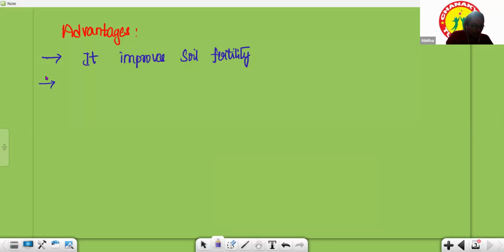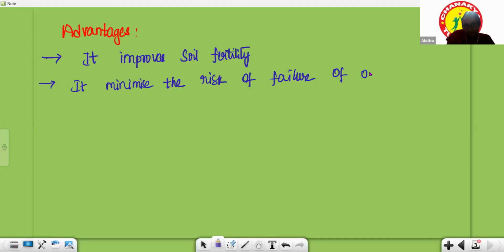Next, it minimizes the risk of failure of one of the crops. As it is increasing soil fertility, obviously the crop yield also increases.